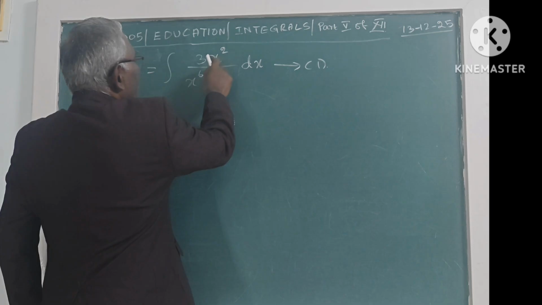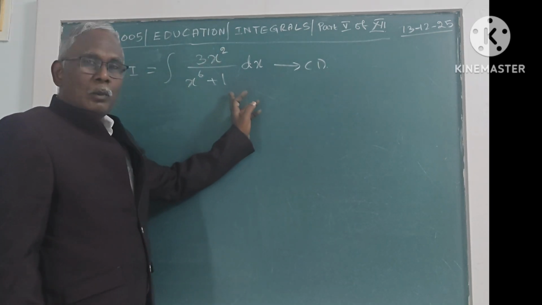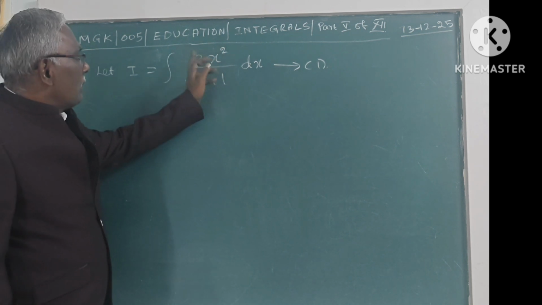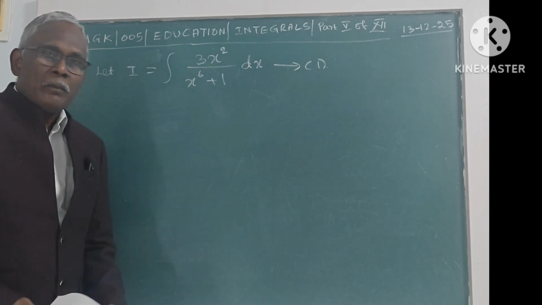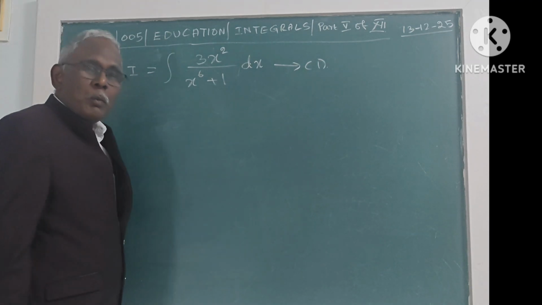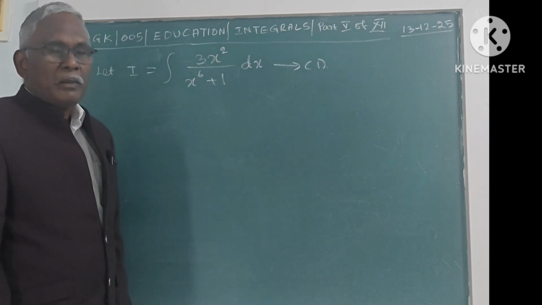The numerator we have is 3x square, and the denominator is x power 6 plus 1. So we have to take something as y, so that 3x square dx becomes dy. What should we take as y here? If we take x cube as y and differentiate x cube, 3x square will come.